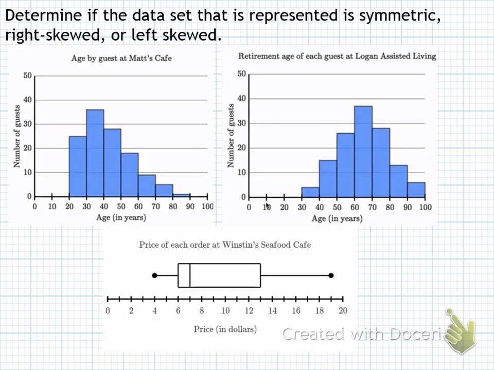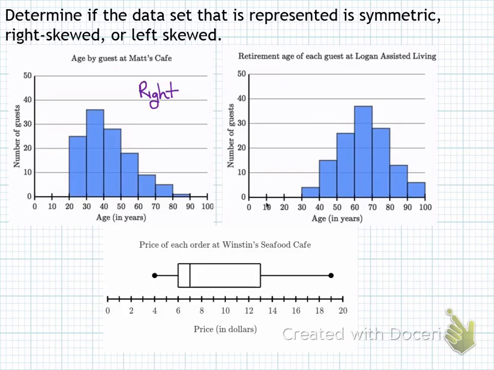Okay, so here's some examples where the graph is already given to us. We have some histograms up here, and then a box and whisker plot. For the histograms, we've seen these with the definitions, right? So this first one, you can see this part looks symmetric, but there's really this kind of long tail on the right. So we would say that this is right skewed.